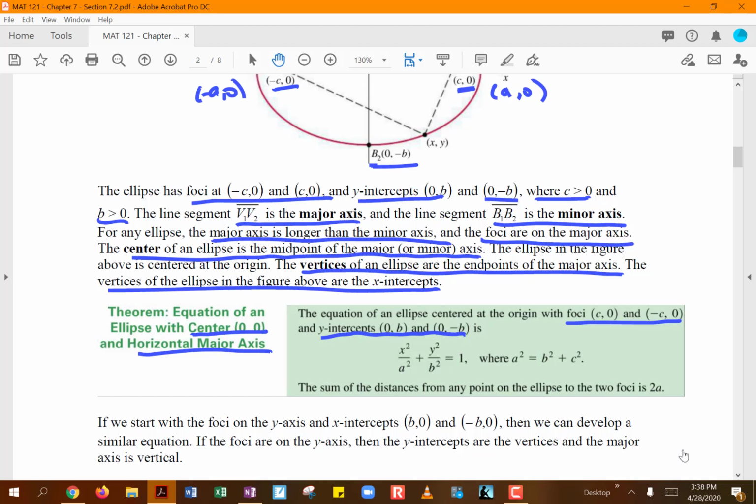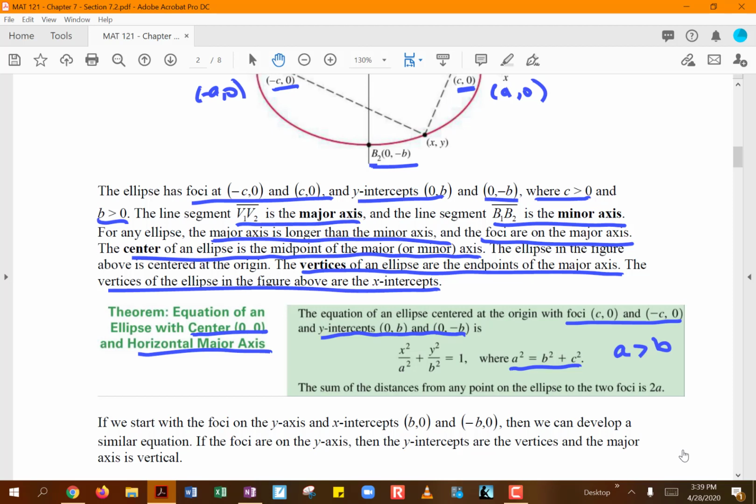In this case, your equation for the ellipse is x squared over a squared plus y squared over b squared equals 1. And we define the relationship between our variables a, b, and c as a squared equals b squared plus c squared. So basically this tells us that the value of a is going to be larger than the value of b.